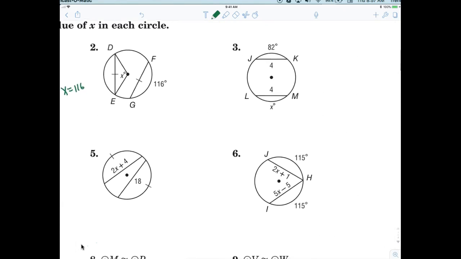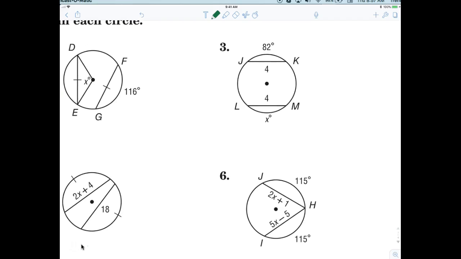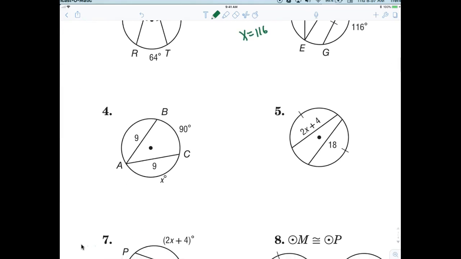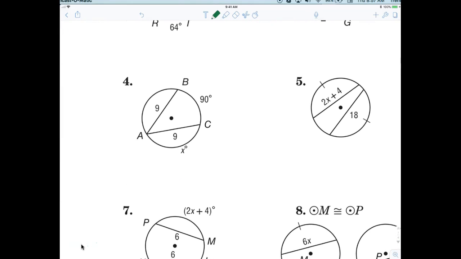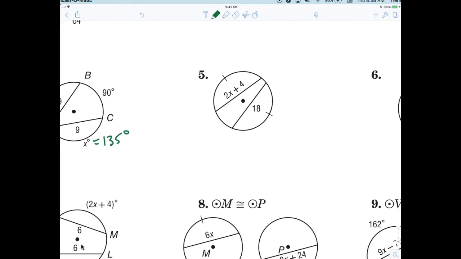All right, here we go. Check out number 3. 82. Brilliant. Okay, number 4. So just the 360 minus 135 degrees. Number 5. Mental math. 7.